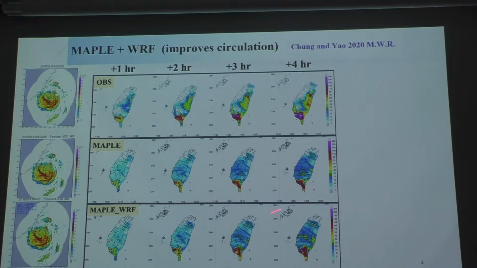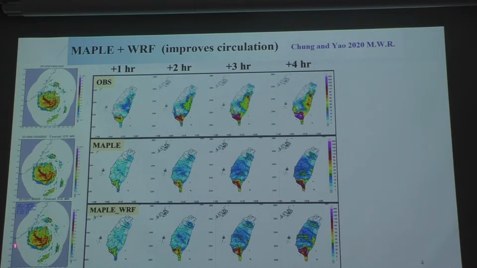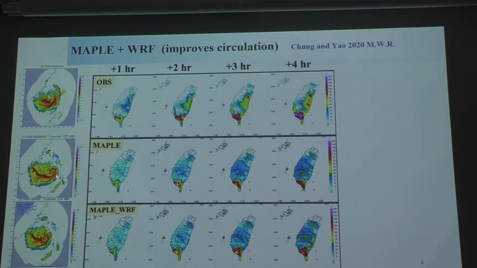The lower panel shows the result after I merge in additional information from the WRF model, the wind information instead of precipitation or rainfall. You see that when we redo the nowcasting, first of all, that kind of deformation problem is alleviated.